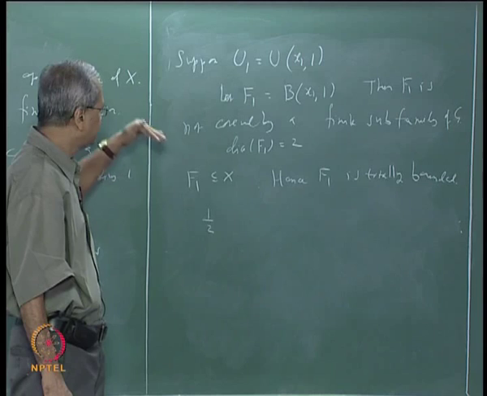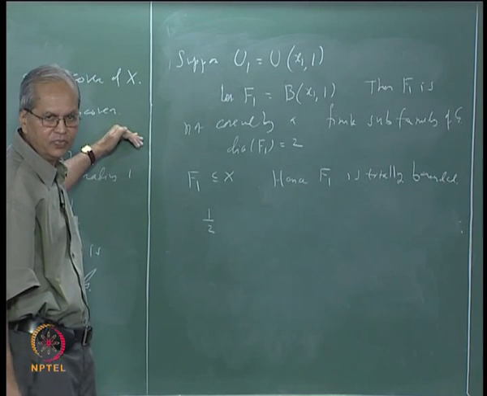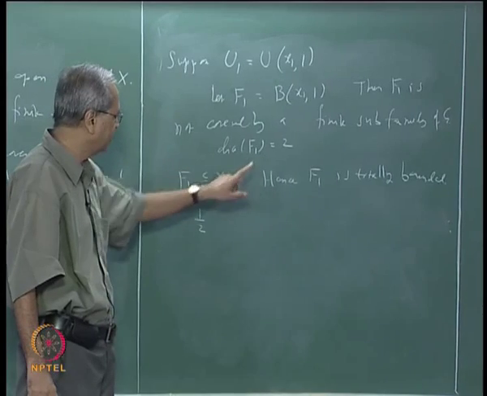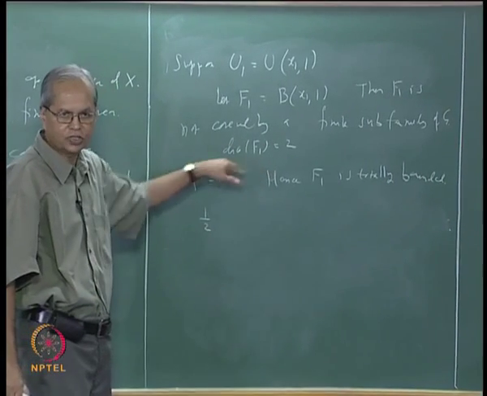F2 does not have a finite subcover from G, and the diameter of F2 will be half of this diameter, because now I reduce the radius.